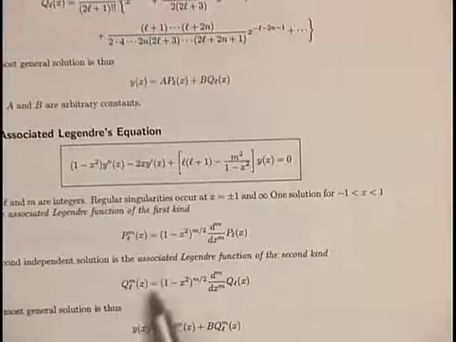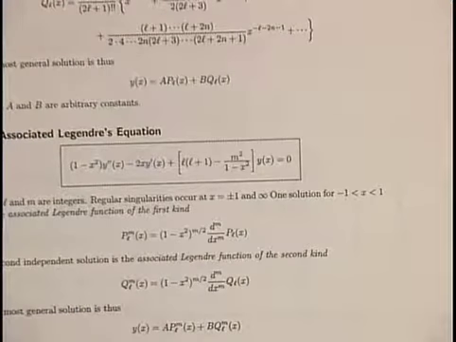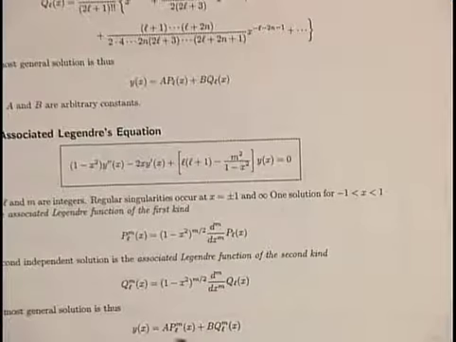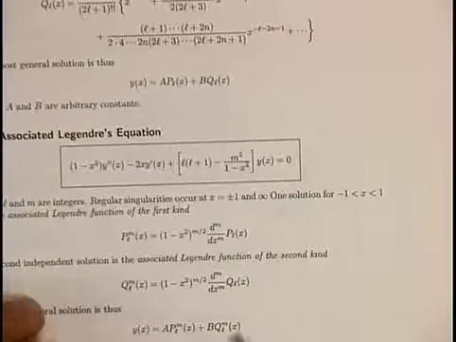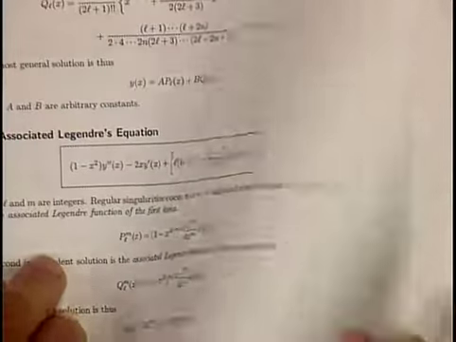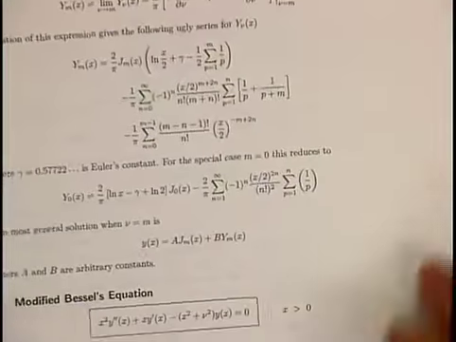The second independent solution again will be Q_LM, and the final solution will be a linear combination of those two solutions, P_LM and Q_LM. So this is just some definition of the Legendre equation as you see here.